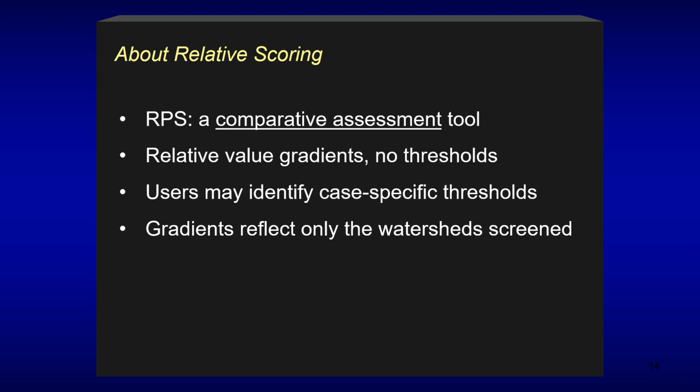Moreover, the value gradient for any screening reflects only the watershed subset included in that screening, not all the watersheds in the tool. A subset may be all in excellent condition, or in very degraded condition, or somewhere in between, but will still be arrayed from highest to lowest scores. Reference information of some sort is always essential to place a relative scoring gradient in context.